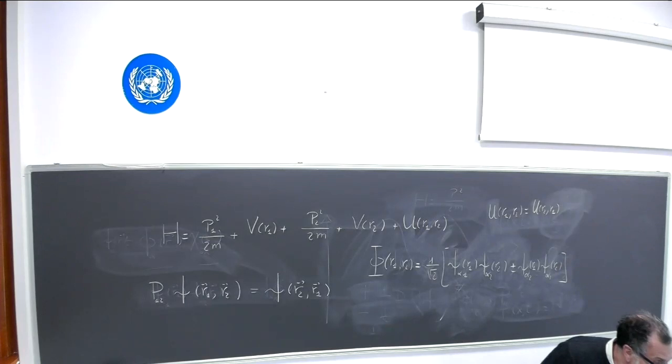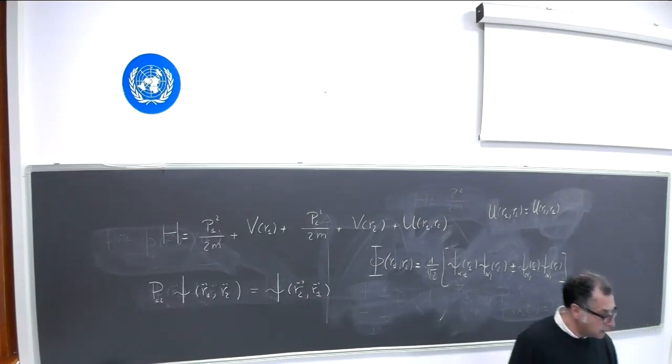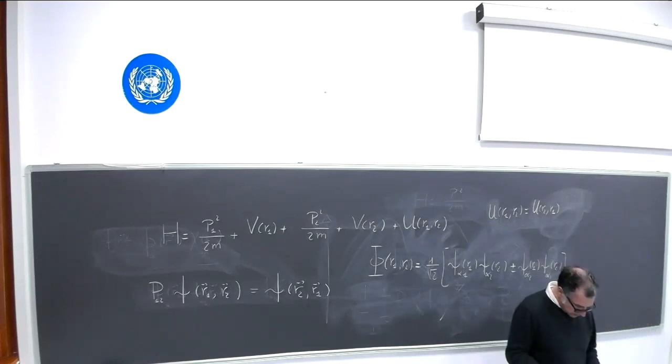Now, John asked how P12 changes when we have 3 identical particles. You can define any permutation of indices.